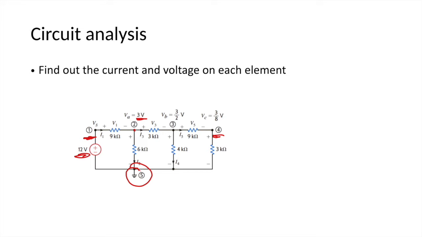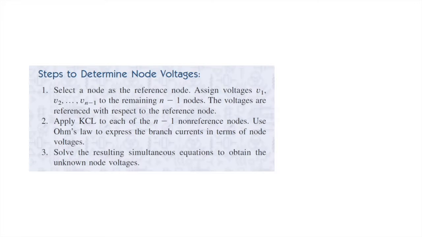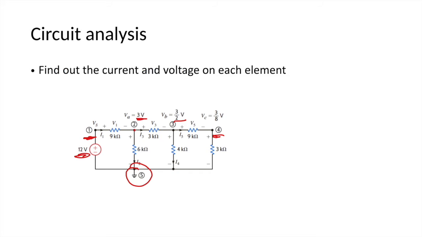The voltage at node 3 is 3 over 2 volts, and the voltage at node 4 is 3 over 8 volts. Given these node voltages, we can easily calculate the current on each element.